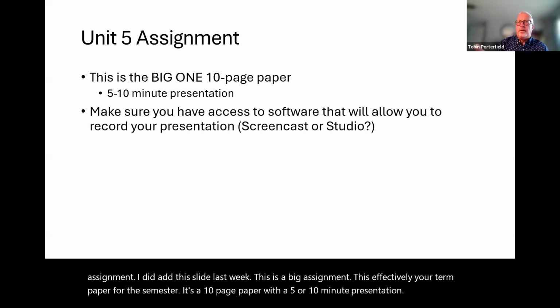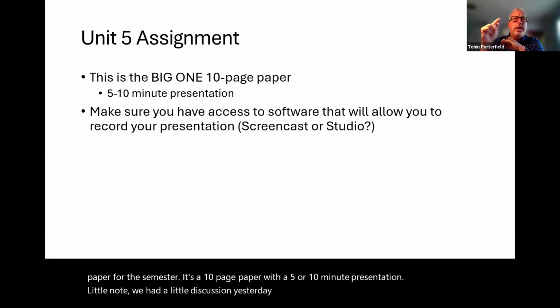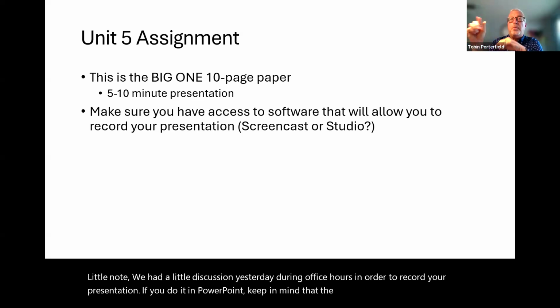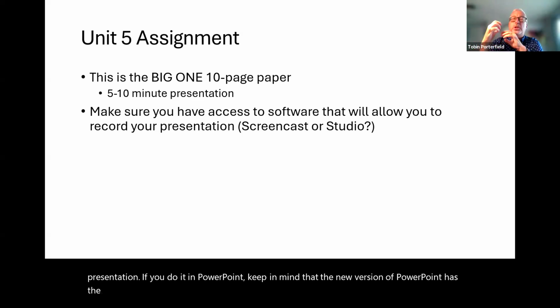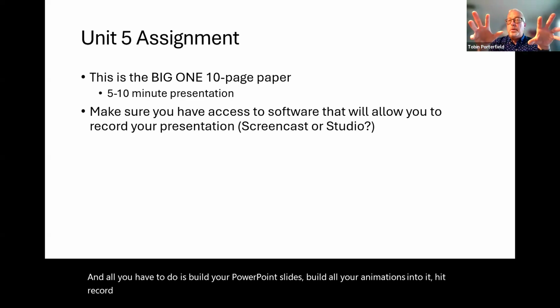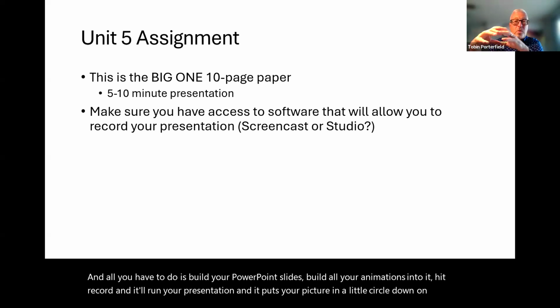Little note, we had a little discussion yesterday during office hours. In order to record your presentation, if you do it in PowerPoint, keep in mind that the new version of PowerPoint has the record option in it, which is awesome. All you have to do is build your PowerPoint slides, build all your animations into it, hit record, and it'll run your presentation. And it puts your picture in a little circle down on the bottom corner.